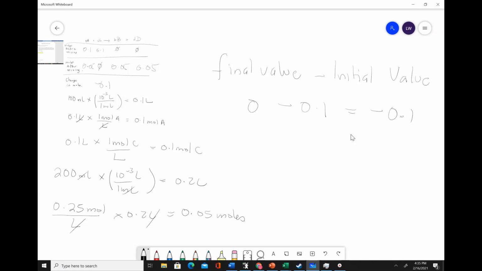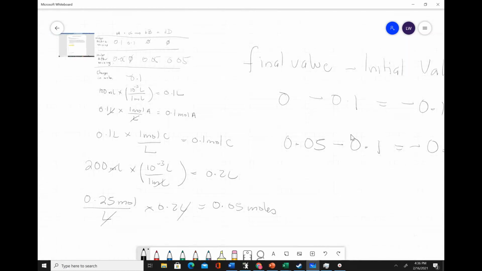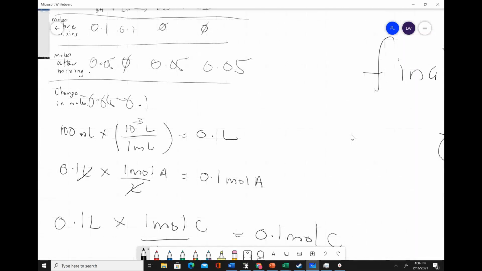Now let's do A. My final value was 0.05. My initial value was 0.1. So that means that 0.05 of A got consumed. We should probably zoom out a little so we can actually read it.